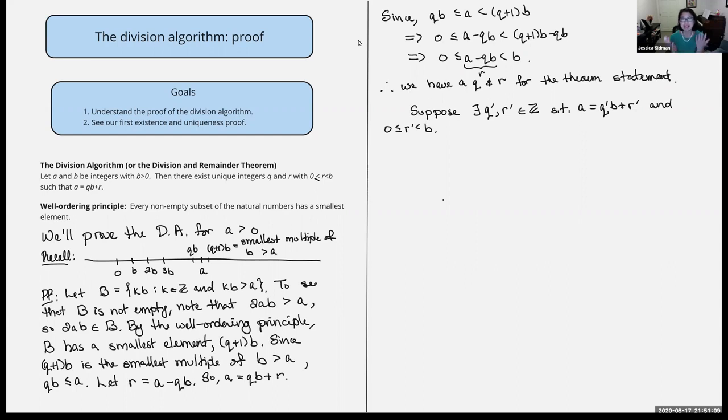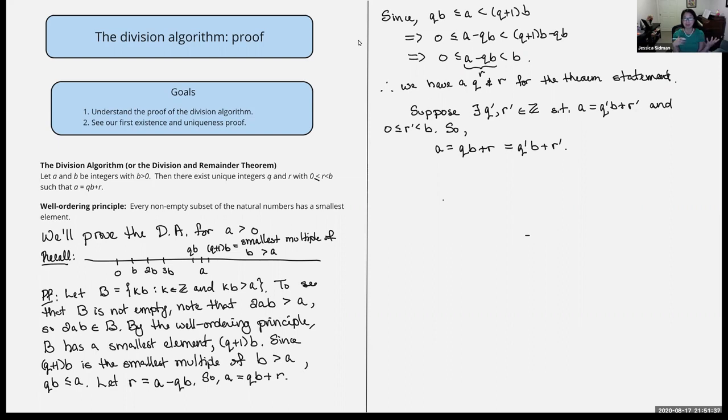So now I have two ways of writing A. So A is equal to QB plus R, which is equal to Q prime B plus R prime. Okay, so I have to show you that the R and R prime are the same, and the Q and the Q prime are the same.